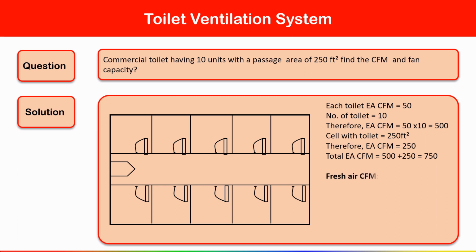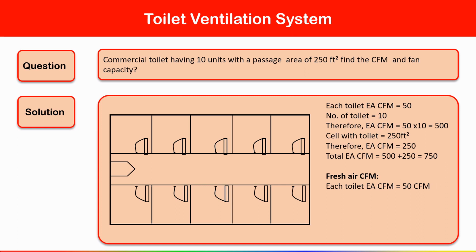Okay. Now to calculate the fresh air CFM, I have told you that 70 to 85% of exhaust air CFM is our fresh air CFM. If you want the total, you have to do the total. Otherwise, suppose from each toilet the exhaust air CFM is given as 50 CFM and I want to give the fresh air for each and every toilet.